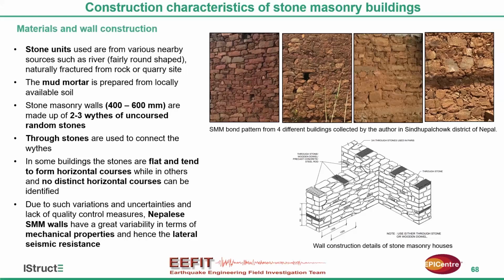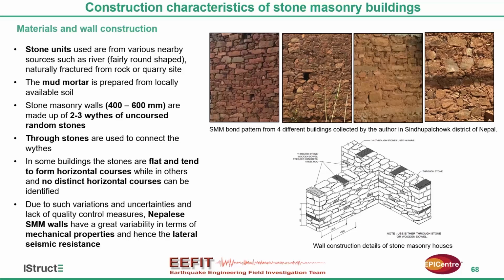These stone masonry walls are typically thick, 400 to 600 millimeter, with 2 to 3 leaves, usually of uncoursed random rubble stone. Through stones are provided in many cases, which are not adequately provided, although the National Seismic Code puts these guidelines. In some buildings, these stones are flat.